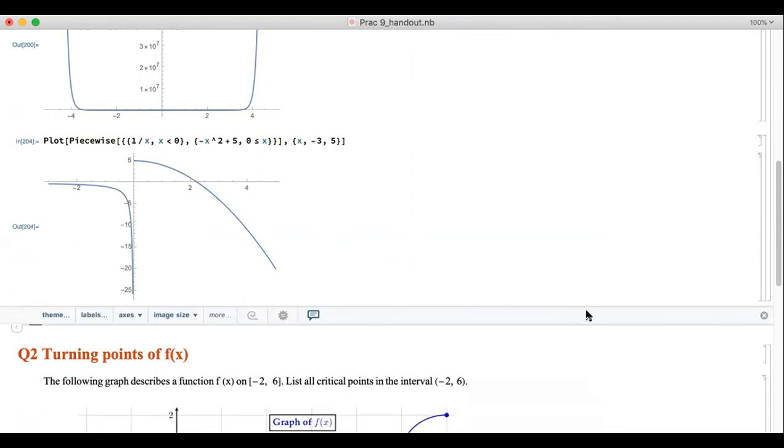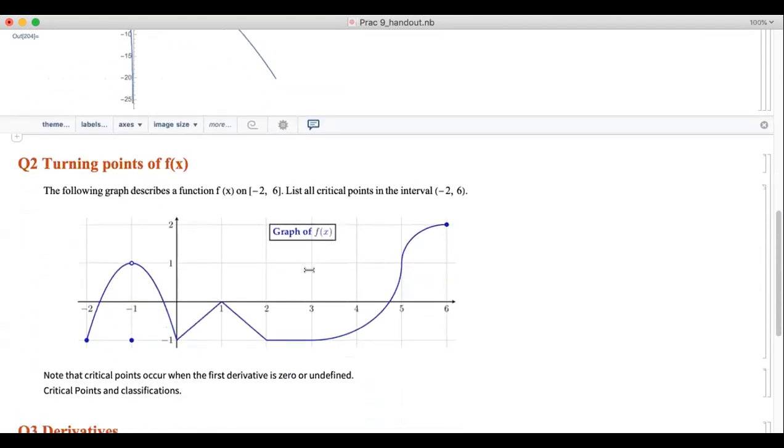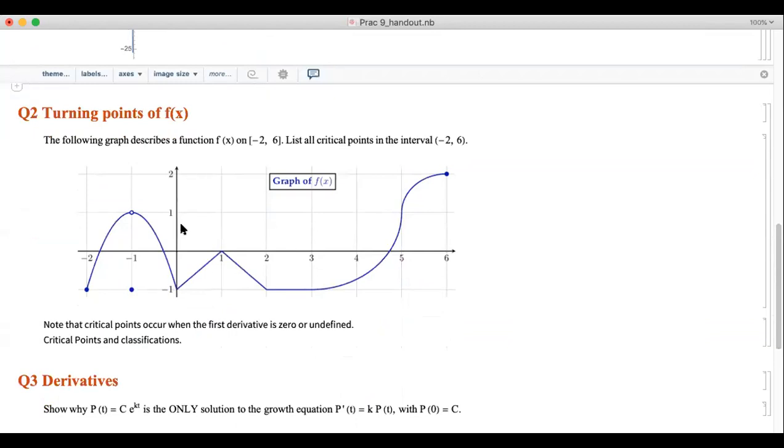All right, any questions? Okay, no questions. Let's move on to the second question, second part. You're given a graph of a function in the interval -2 to 6. List all critical points in the open interval -2 to 6.